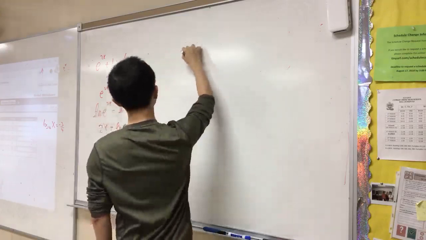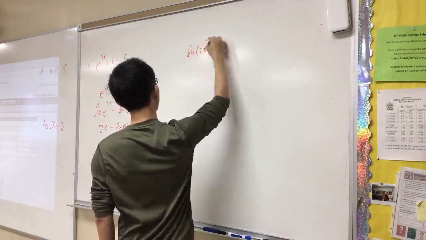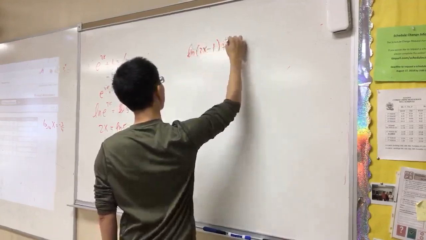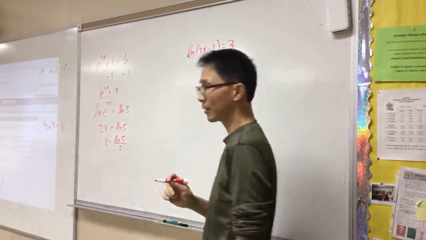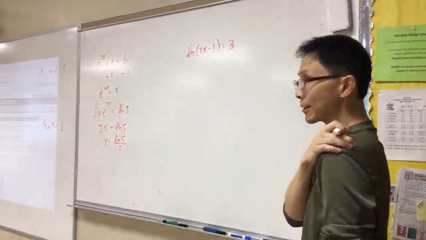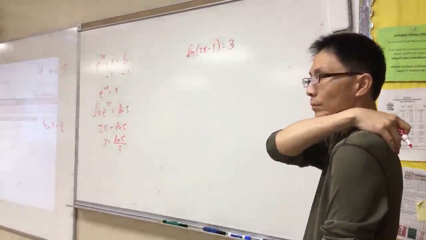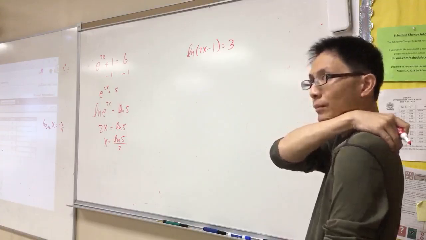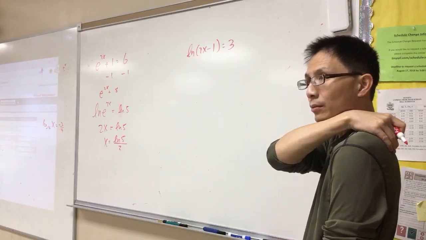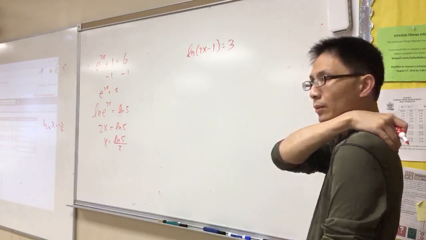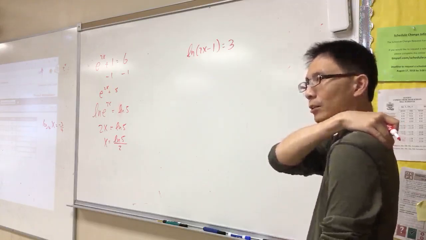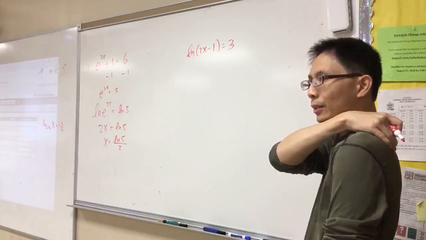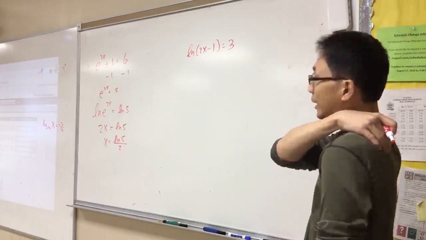So how about this one? ln of 2x minus 1 is equal to 3. How do I solve for x? Trick question. You take e to the both sides first. But e which way? E multiply?